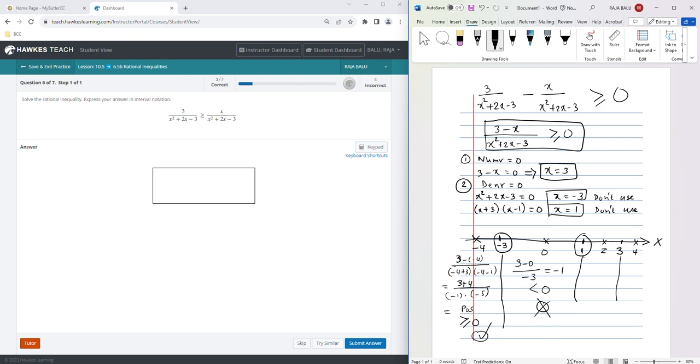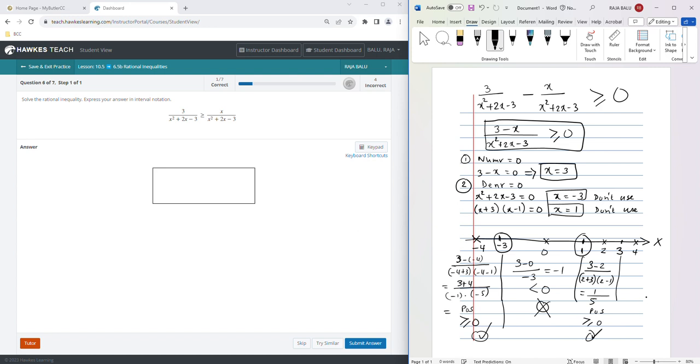Now the third group, where we pick 2, so that'll be 3 minus 2 over 2 plus 3 times 2 minus 1, which is 1 over 5 times positive 1, which is 5. It is positive, i.e. greater than or equal to 0.